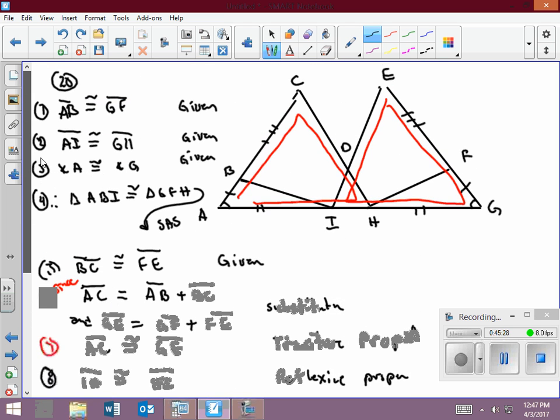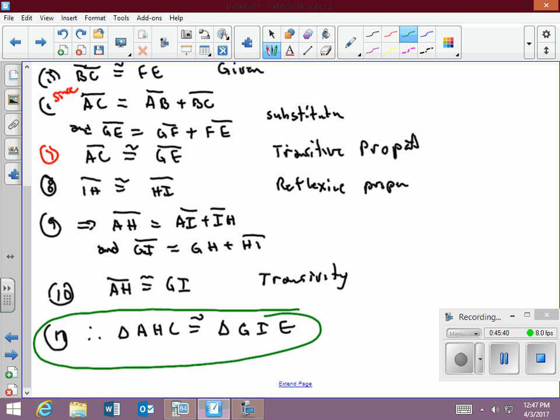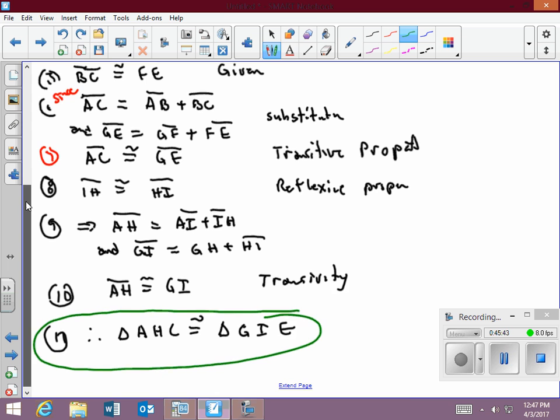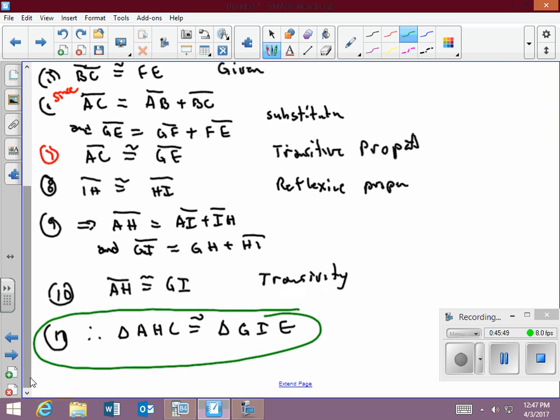What we've shown is we've got the two triangles, this one and the triangle back up here, the one I didn't write the statement of, by side angle side.